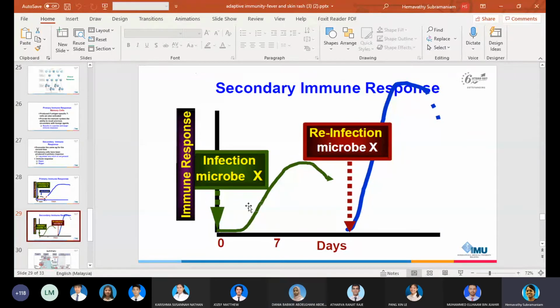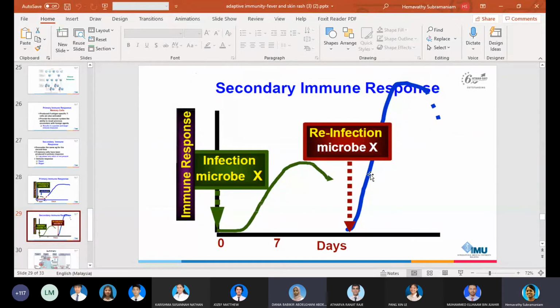If you could see here, the memory cells have already seen the microbe X earlier, right? And they already know how to combat it in terms of creating a specific response.